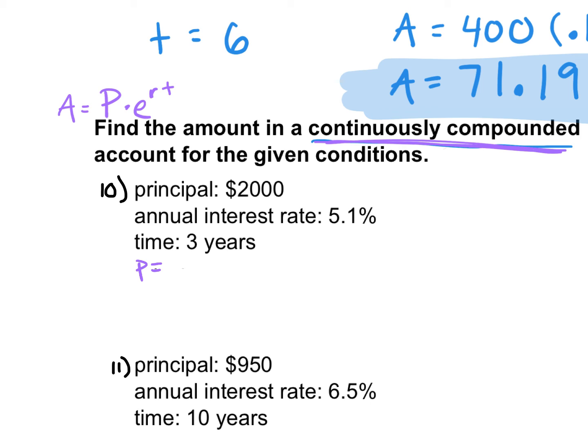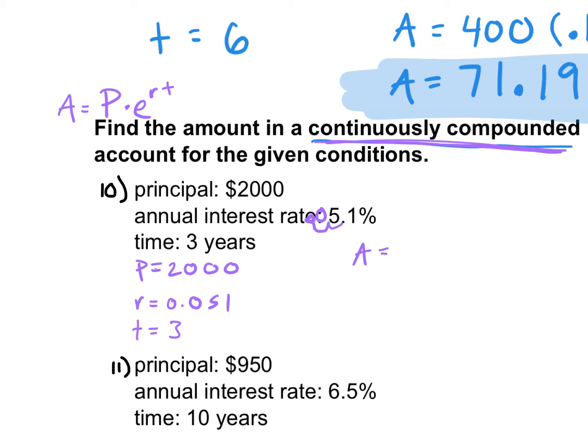P, the starting amount. 2,000. What's our rate? So we move the decimal 2 places, which would be 0.051. Just be careful with your rate when moving the decimal. And then what's our T? 3. So we plug everything in.